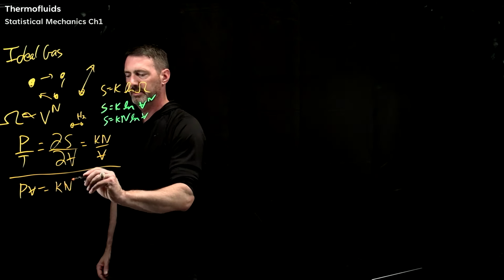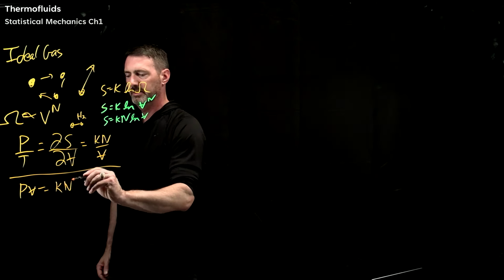If you go back and say P is equal to the derivative of E with respect to V, remember, there's that minus sign. Well, again, this is a constant, so E is some constant times V to the minus 2/3. So what would that then be? Well, the minus is going to cancel out, but that's going to give me 2/3 E over V.